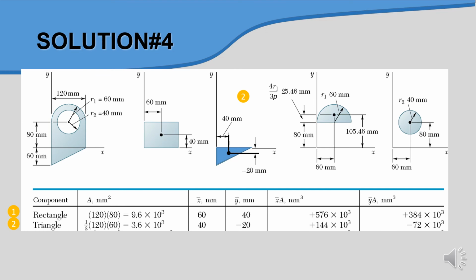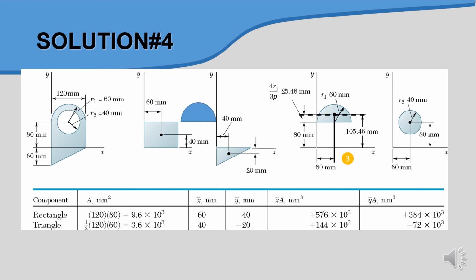In this case, x bar is 120 divided by 3, we have 40. And then the y value is 60 divided by 3. It will produce 20. The y is on the negative side of the y axis, so you put a negative value. And then you calculate the x bar A, y bar A.